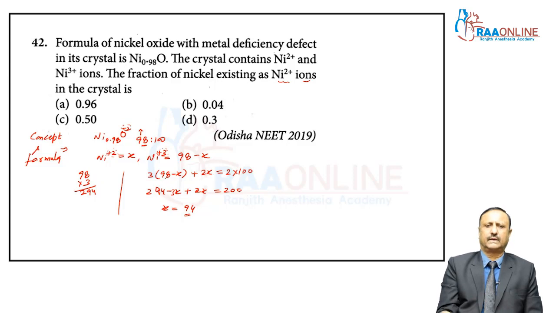So, this 294 is here, minus 3X, 3 multiplied by X, plus 2X, equals 200.